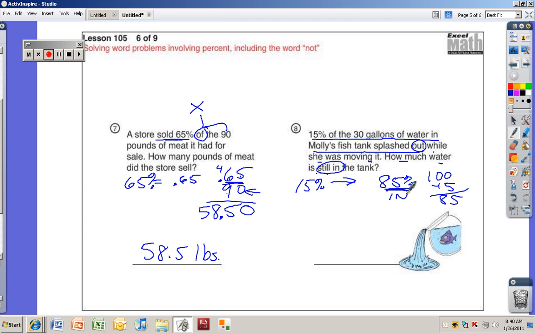And if there's 30 gallons to start off with, we're going to do 0.85 times 30. It's not 85 times 30, it's 0.85 times 30. Put the 0 down as a placeholder. 5 times 3 is 15, carry the 1. 8 times 3 is 24, plus 1 is 25. Move the decimal point over 2 spots, and so there are 25.5 gallons left in the tank.